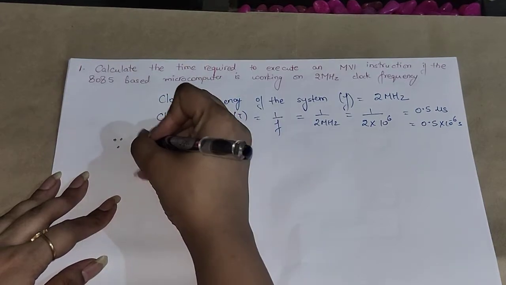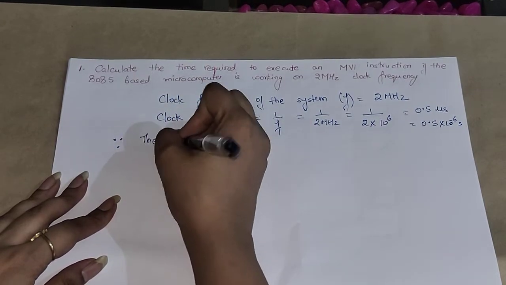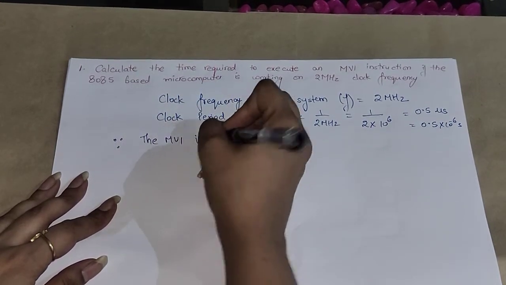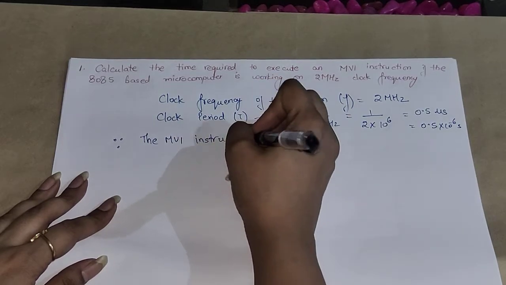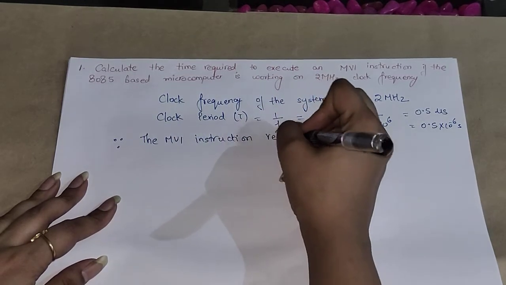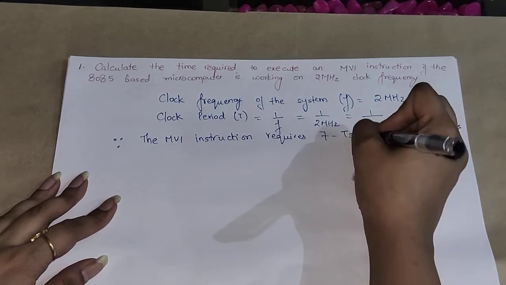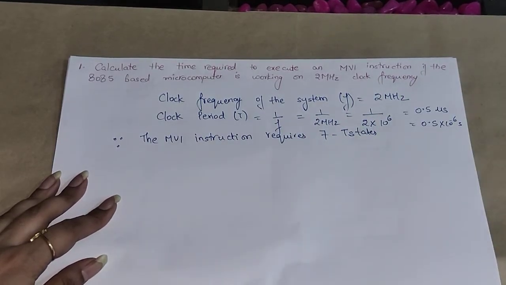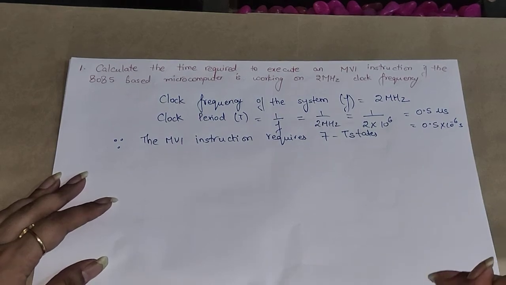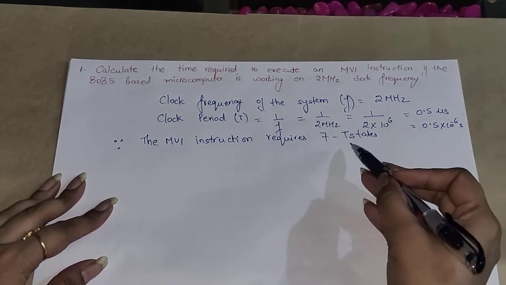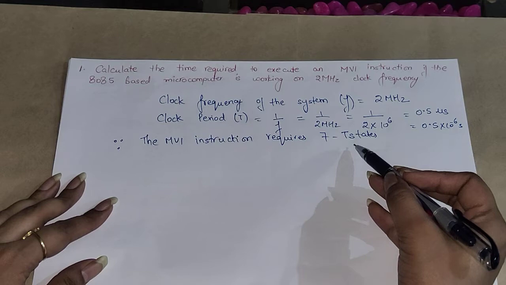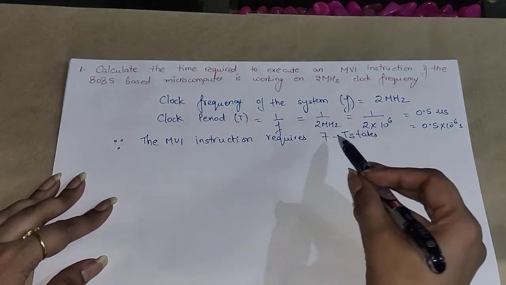Since the MVI instruction requires 7 T states, a single MVI instruction takes 7 T states. So the number of T states taken by MVI is 7.